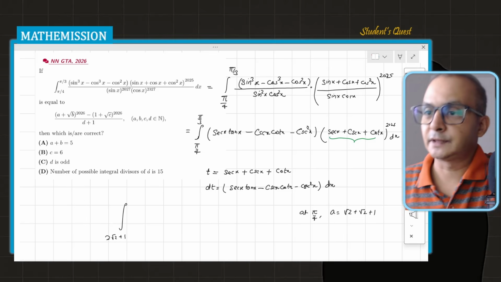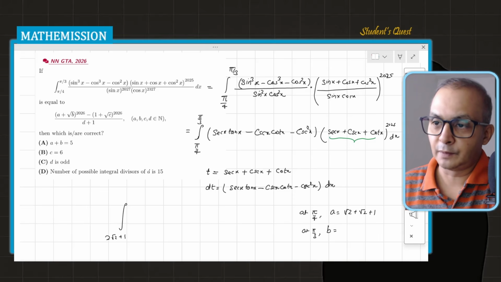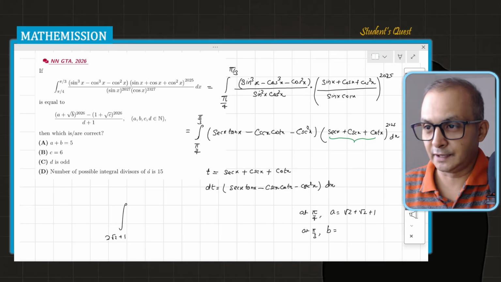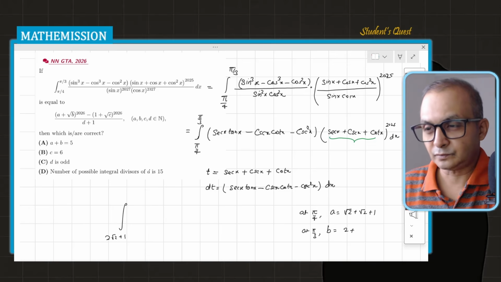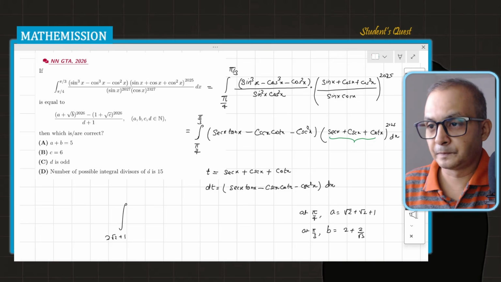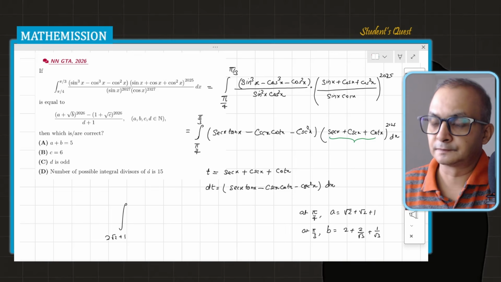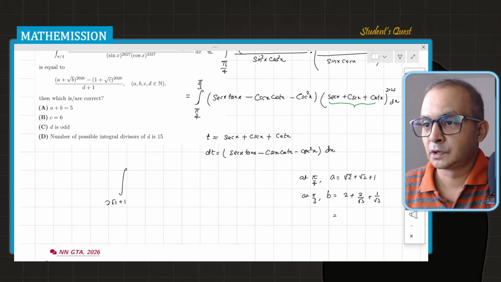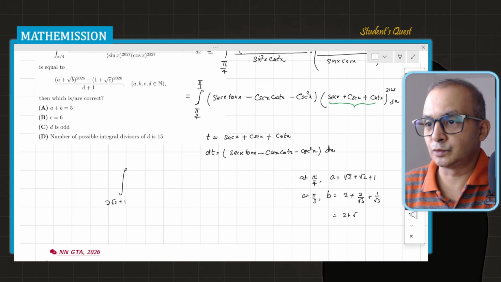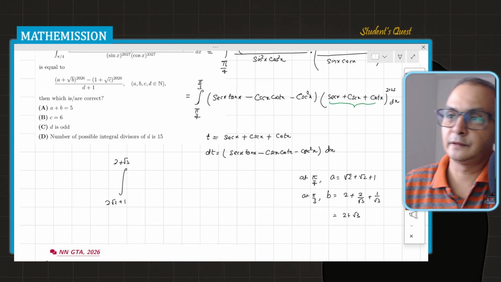And at pi by 3, that is going to the upper bound, sec pi by 3 is 2, cosec pi by 3 is 2 by root 3, and cot pi by 3 is 1 by root 3. So this will turn into 2 plus 3 by root 3, that is 2 plus root 3. So it will become 2 plus root 3.